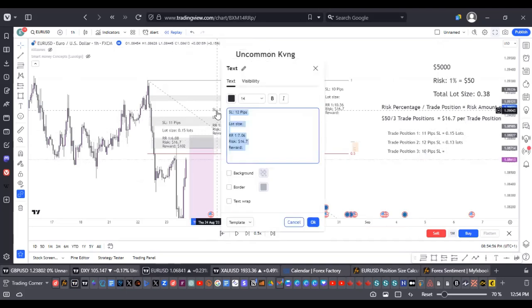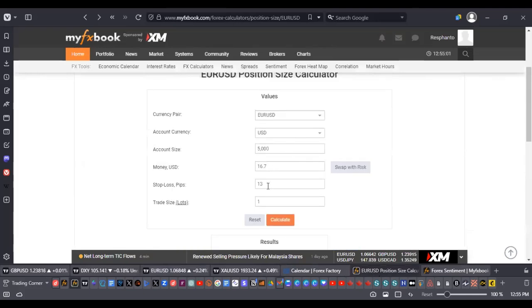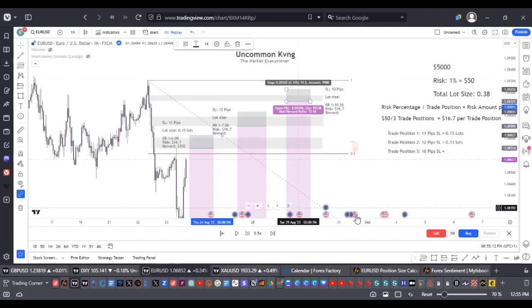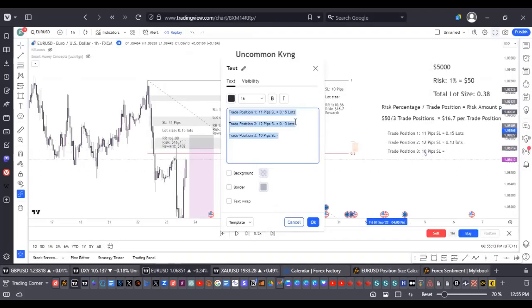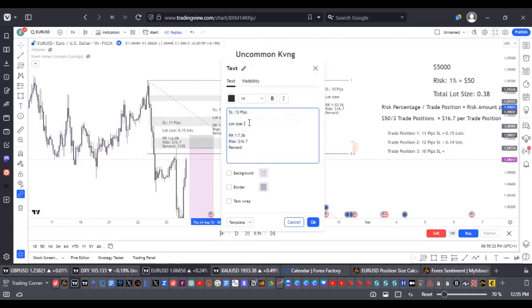Oh, sorry, it was a 12 pip. So we're going to be using 0.14 instead of 0.13. Okay, so let me correct that. So 0.14 lots. So meaning that here the lot size for 12 pip stop loss is 0.14 lots.